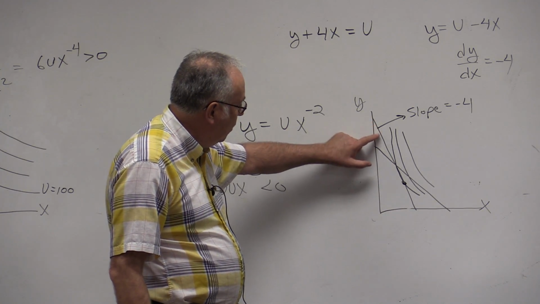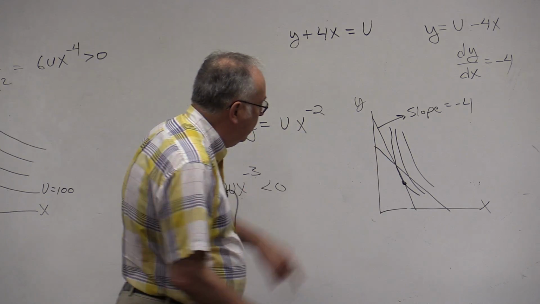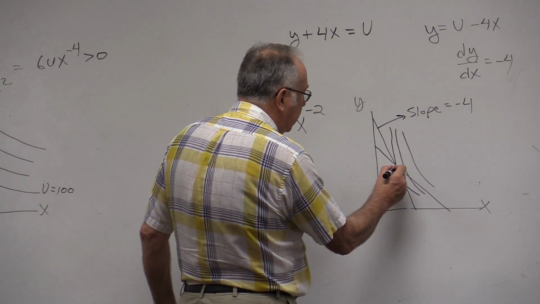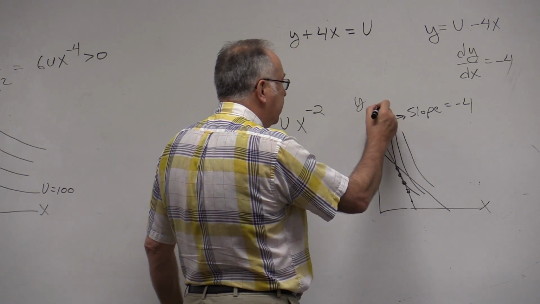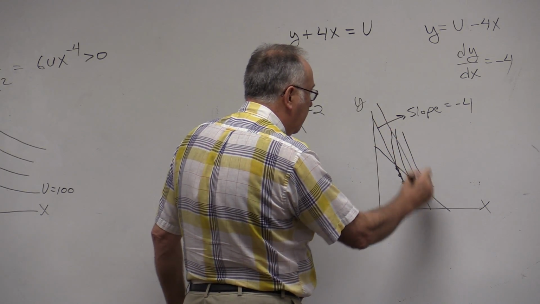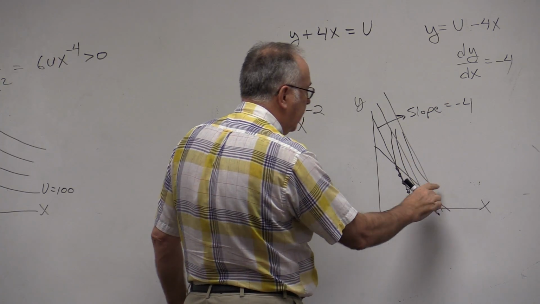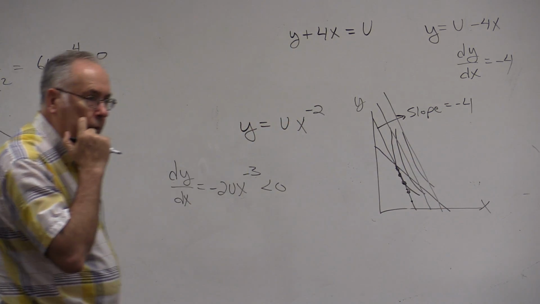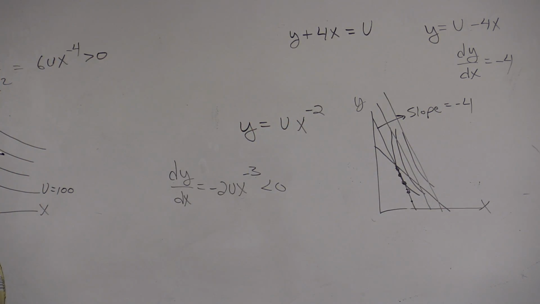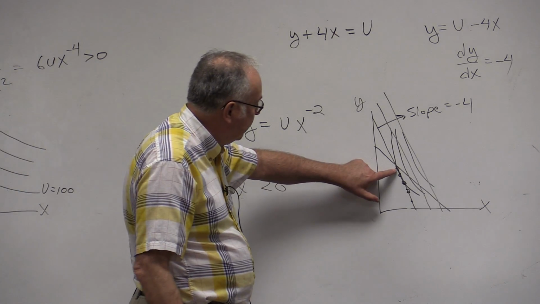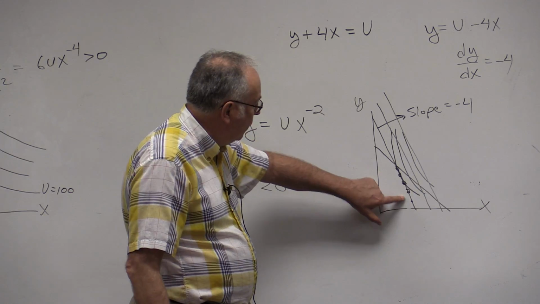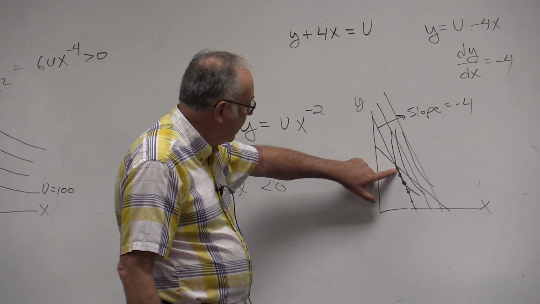If you consume anywhere along this border right here, you'd get the same utility, because your indifference curves would just be straight lines that look like that instead of the curved ones. So in this case, anywhere along this segment right here would give you the maximum utility.